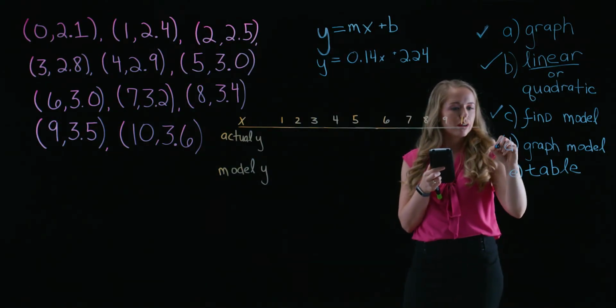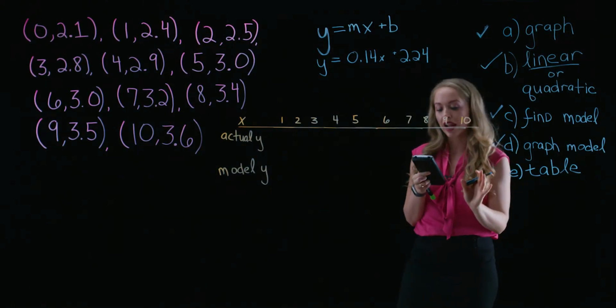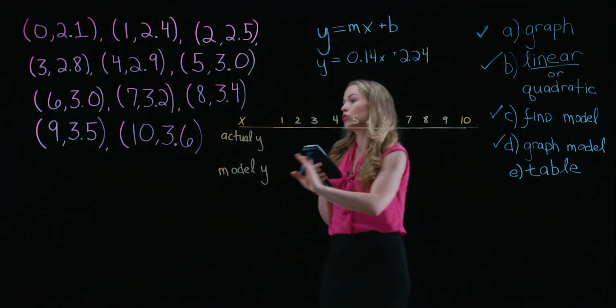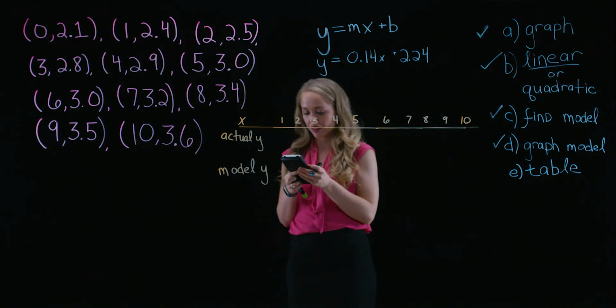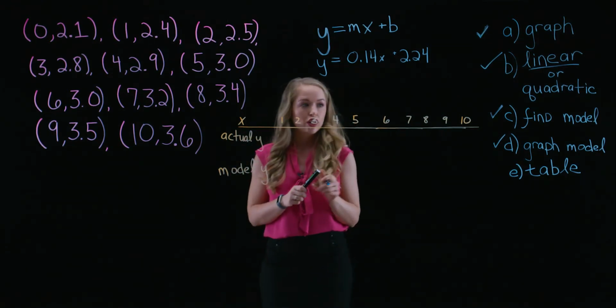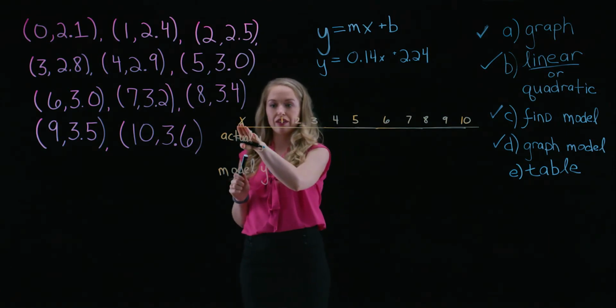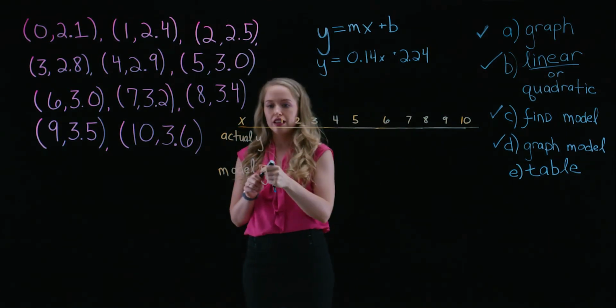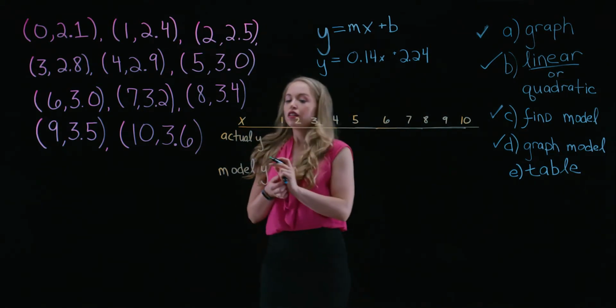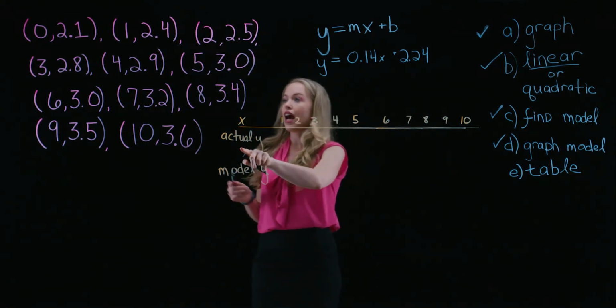Now lastly, we are asked to create a table where we're going to compare the points from our best fit line of regression to the original points. I've set up my table where we have the x values and then comparing the actual y's versus the model y's. So I can go ahead and put in my actual y's.